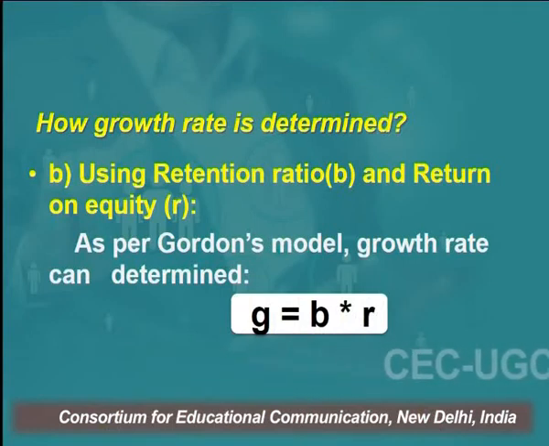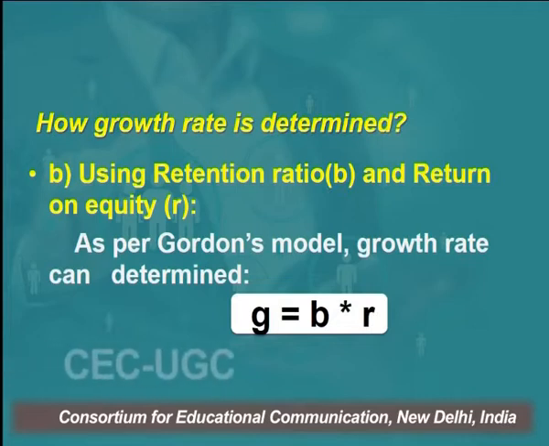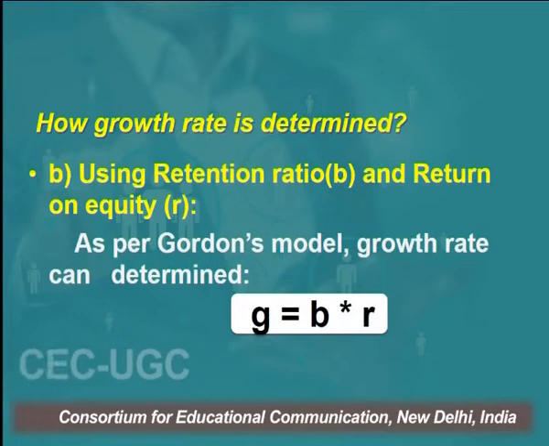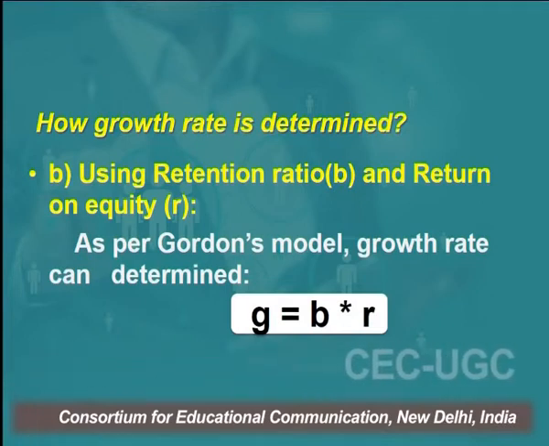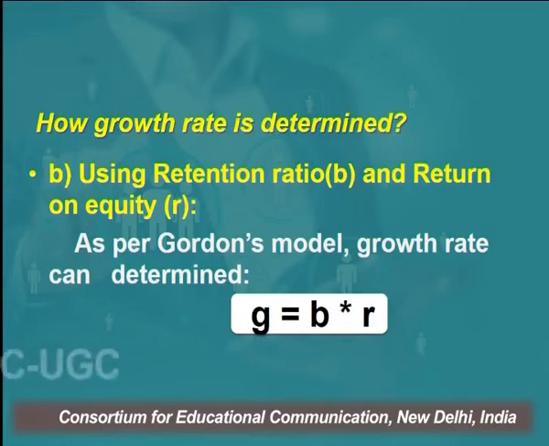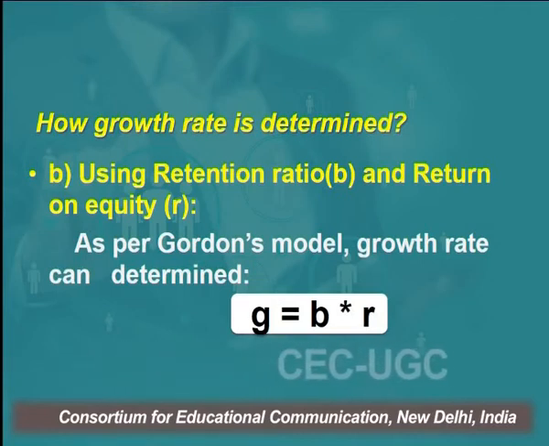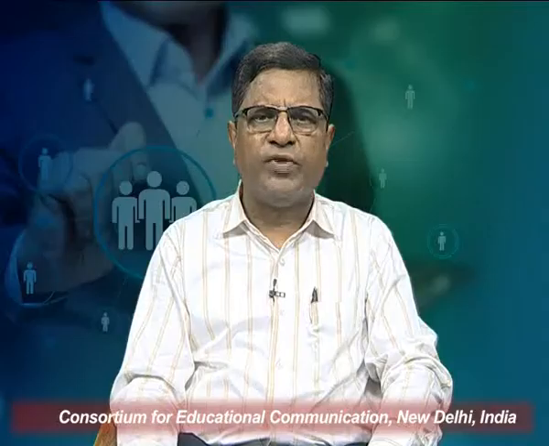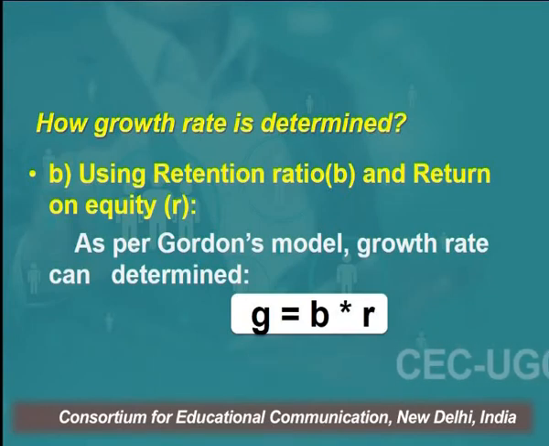As per the Gordon model, growth rate g is equal to b times r. Here b is the retention ratio, multiplied by r, the return on equity, meaning the return the company gets on the investment it has made. b means what percentage of profit is kept by the company as reserves or accumulated profits, and r is how much return the company earns on its equity. That is the growth rate.